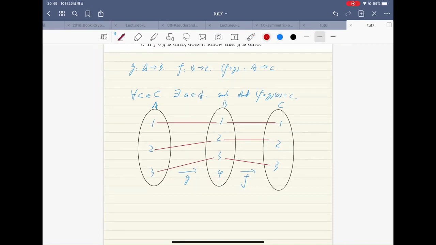So the function g is not necessarily an onto function. Although the composition function f composite g is an onto function, g is not necessarily an onto function.